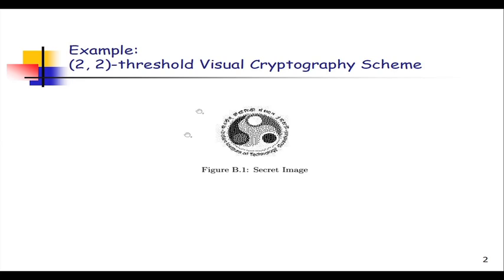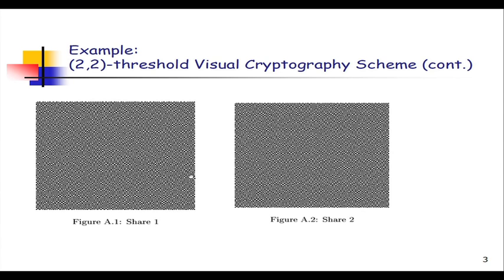Suppose this is the secret image and we want to share it between 2 users, and when the 2 users come together, they should be able to recover it. This is the secret image. This is the share for 2 users, share 1 and share 2. By seeing this picture, nobody can guess that it was the logo of IIT Guwahati.